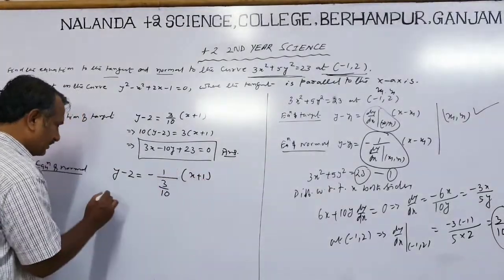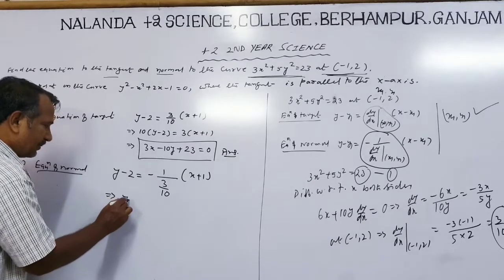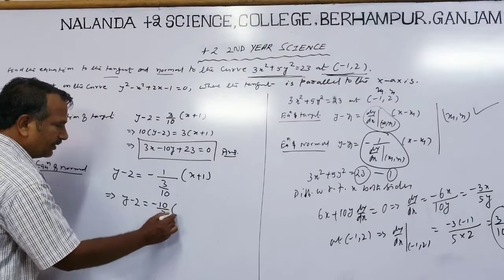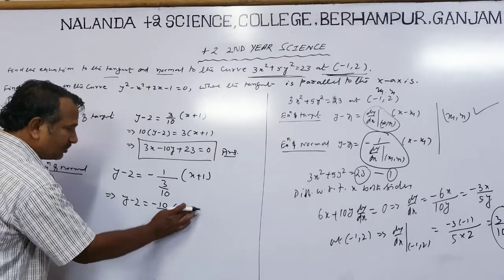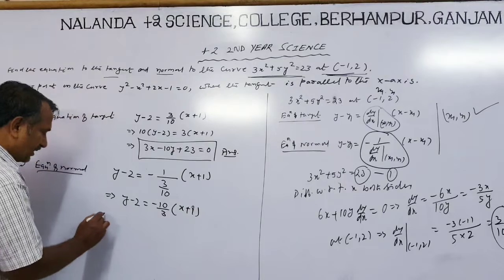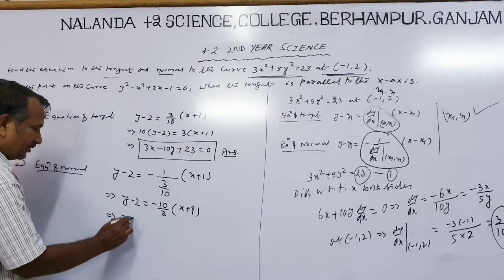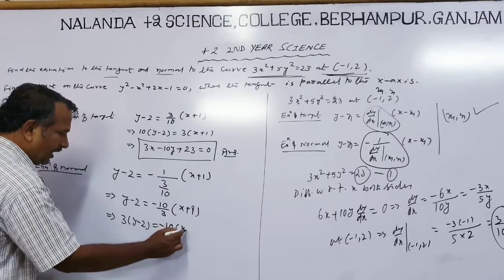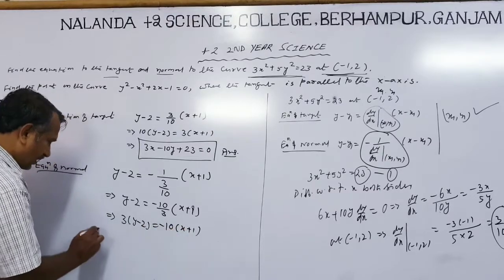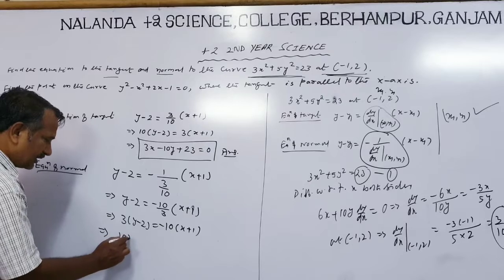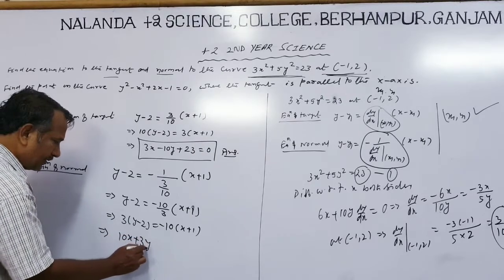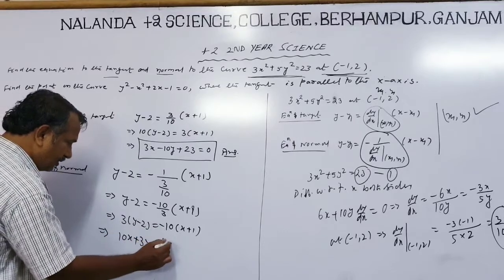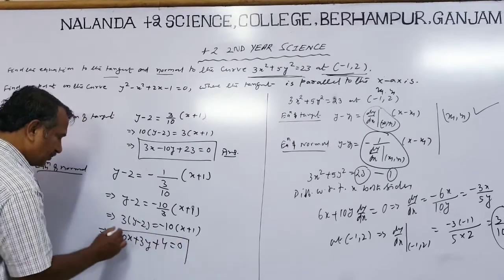So y minus 2 equals minus 10 by 3 into x plus 1. Now by cross multiplication, 3 into y minus 2 equal to minus 10 into x plus 1, or you can write 10x plus 3y plus 4 equals 0. Now this is the equation of normal.